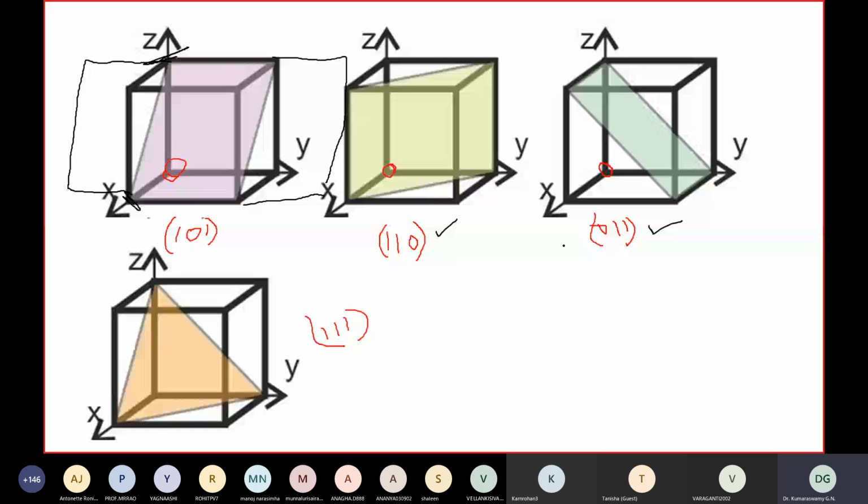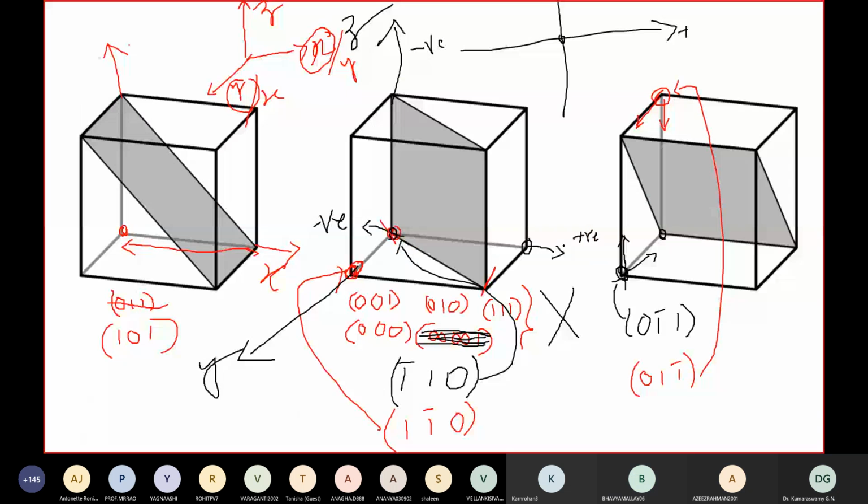This one is also clear. Yes, sir. Good. Is this clear? Sir, explain this one.